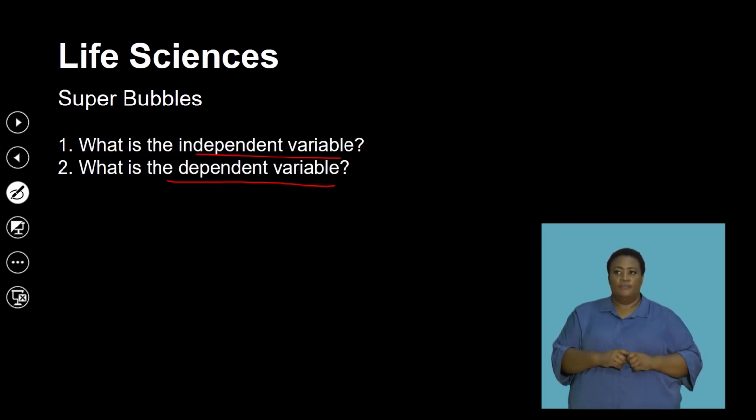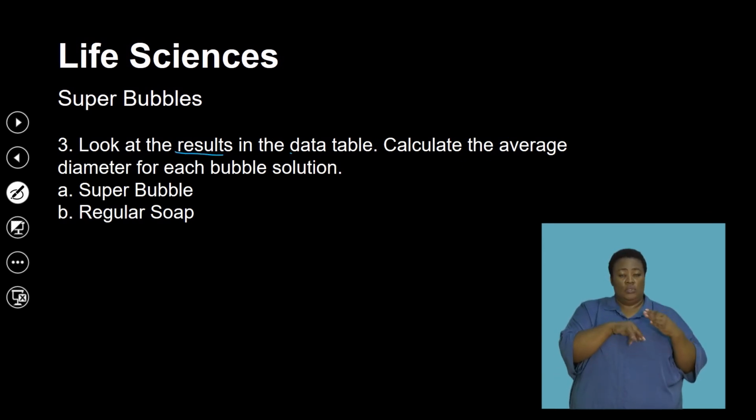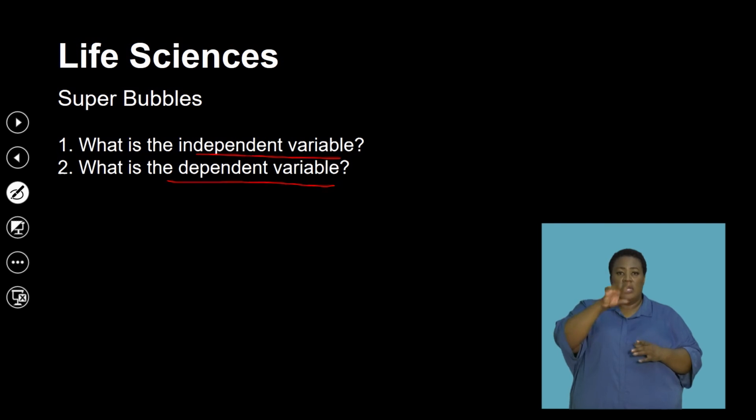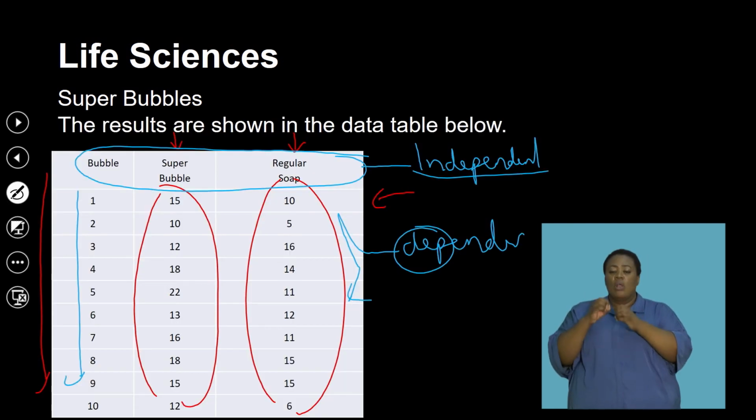Cool. So let's move on to the next question. Look at the results in the table and calculate the average diameter for each bubble solution. So here you've got to go and use a calculator to calculate that. And so it means that it's important for us to be able to use information from the data table to calculate exactly the diameters.